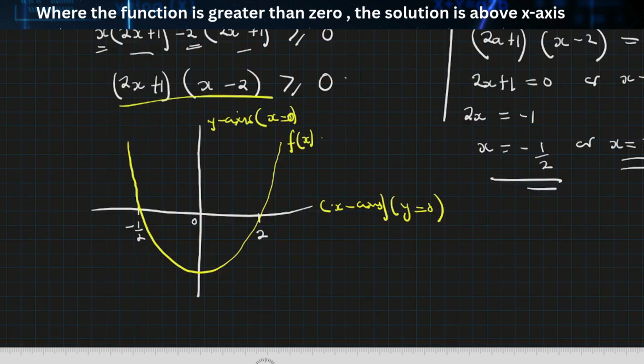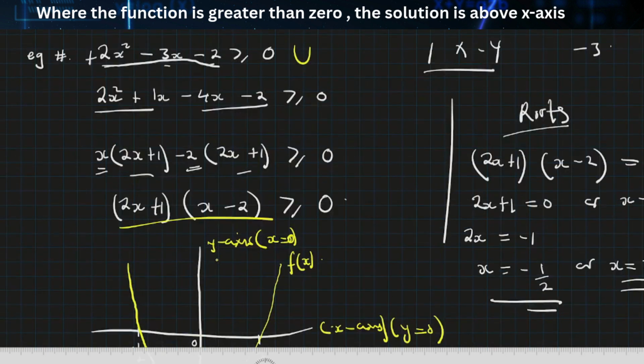So now, how do we find the range of values that satisfy this inequality? Here's the thing. According to the question, look at what they said. They said this function is greater than or equal to 0.